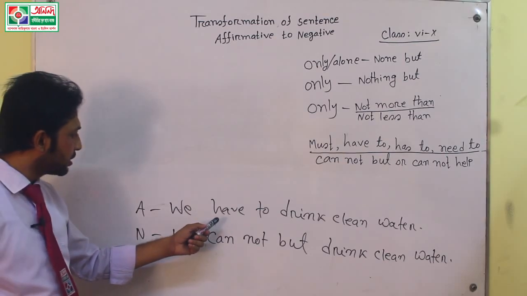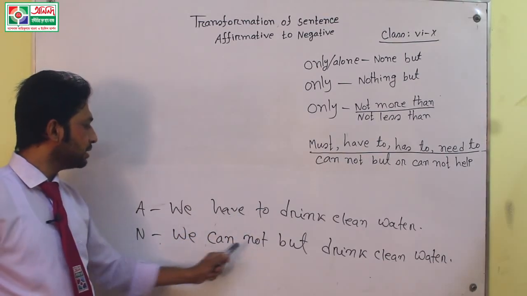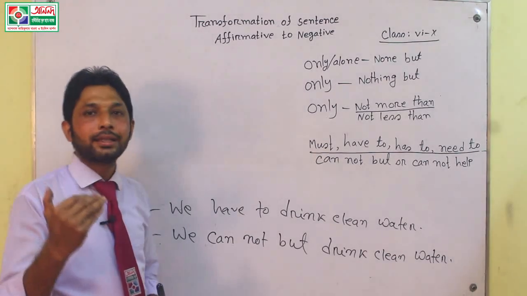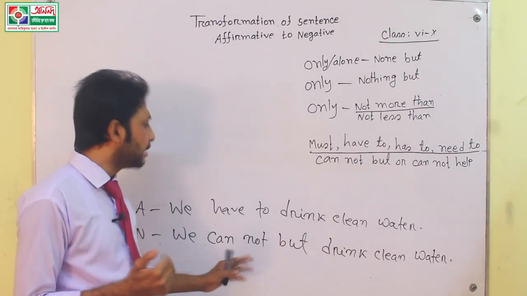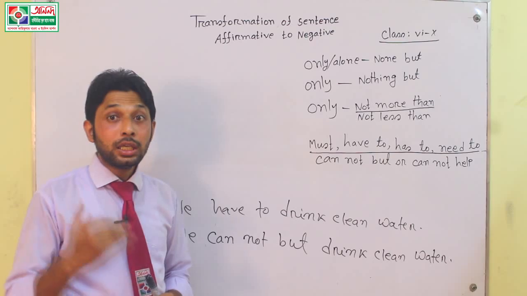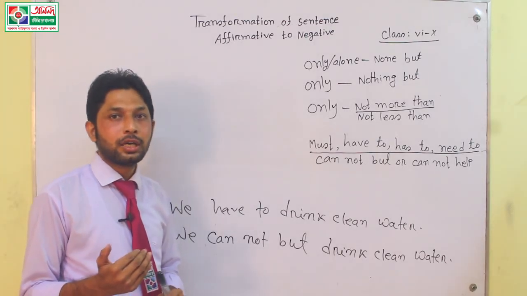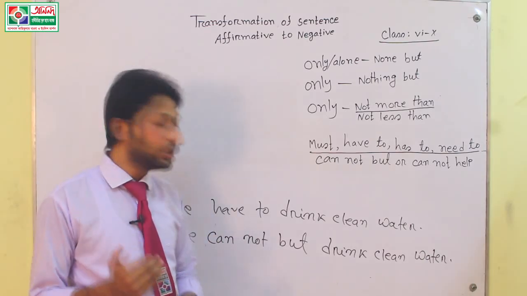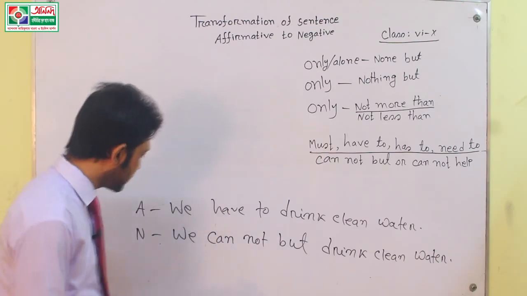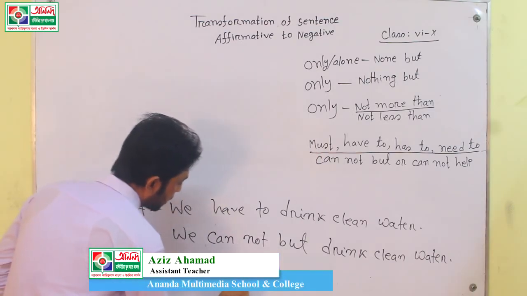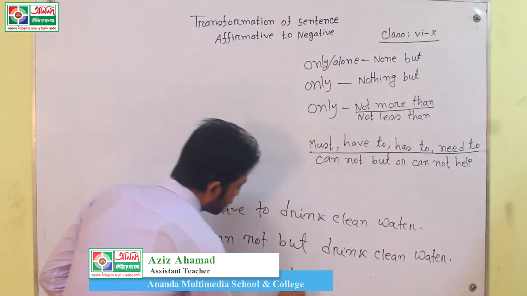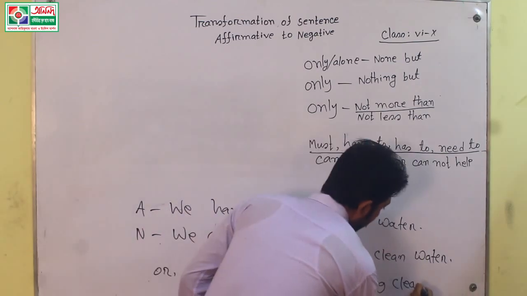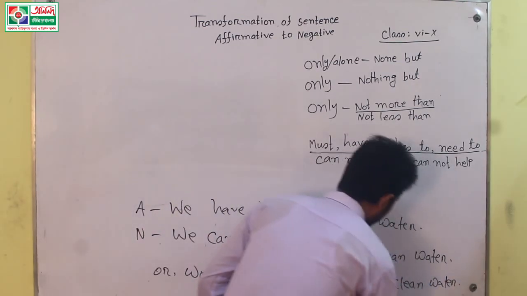In this sentence, have to is replaced by cannot but, and we can also use cannot help. But if we use cannot help instead of have to, then we have to add ing to the verb, such as we cannot help drinking clean water.